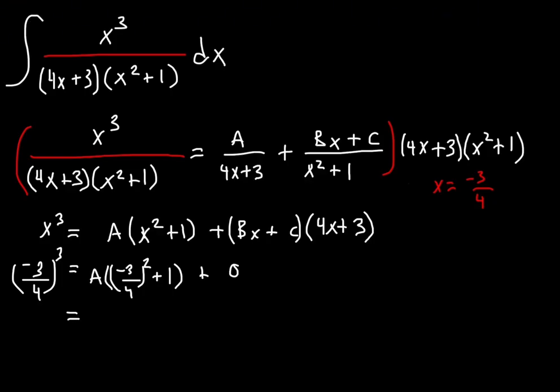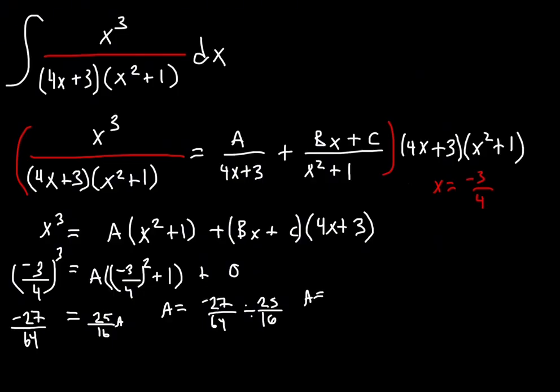So 3 cubed is 27, then we put a negative sign, over 4 cubed is 64, equals, so now on a calculator I get 25 over 16 A. That means A is equal to negative 27 over 64 divided by 25 over 16.